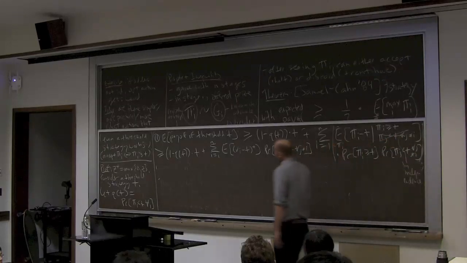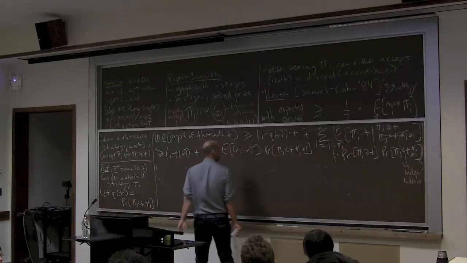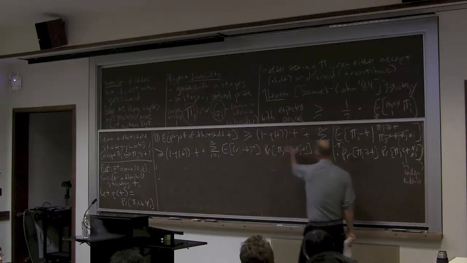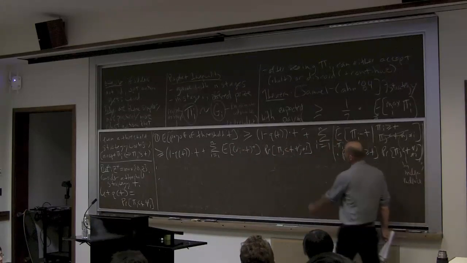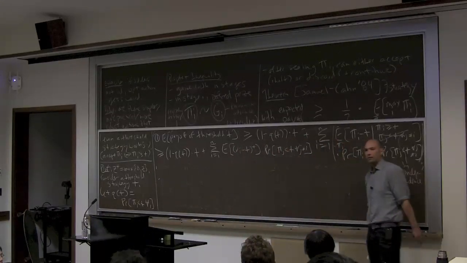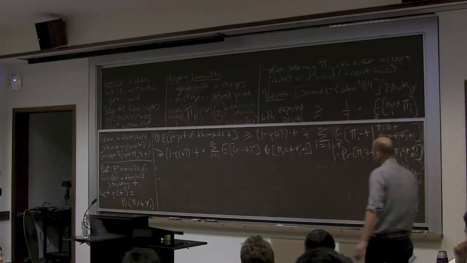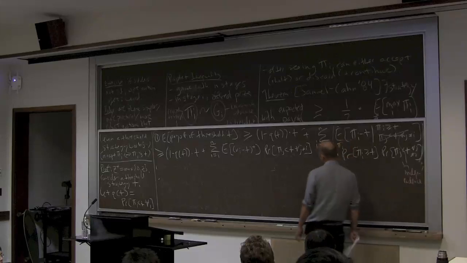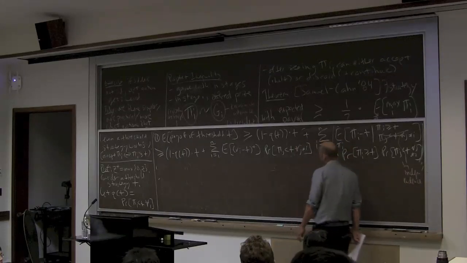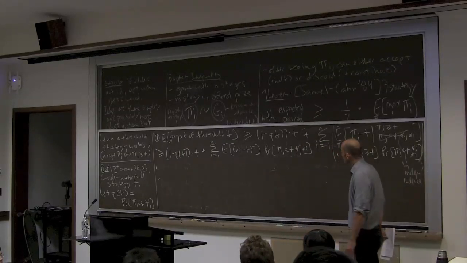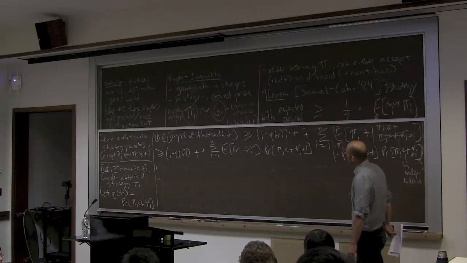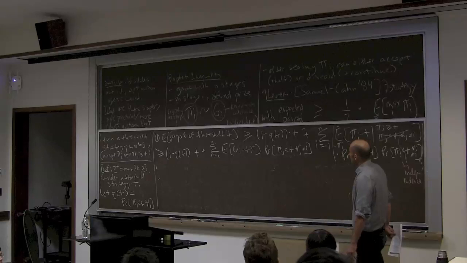Now, what would be really cool is, we have this 1 minus q of t here, so that's some probability. We have some probability here. Do you see any relation between this probability and q of t? Just to make this a little simpler. What is q of t?